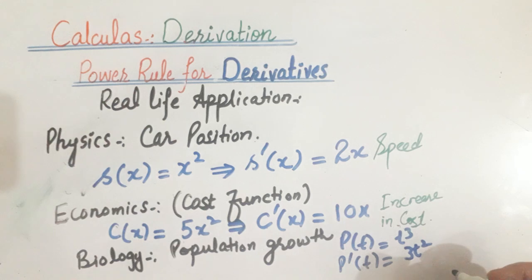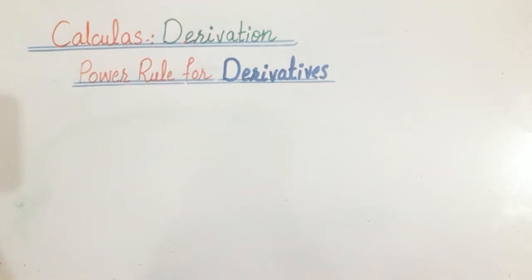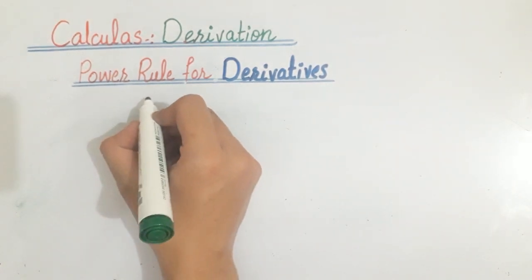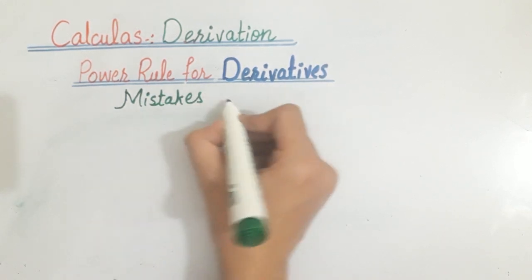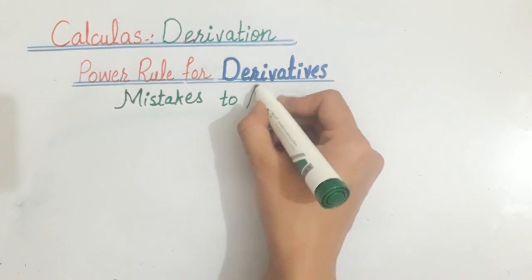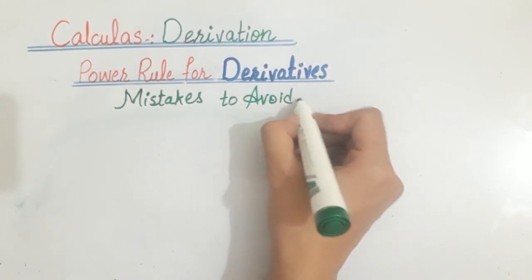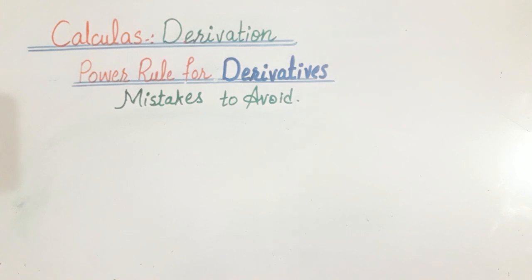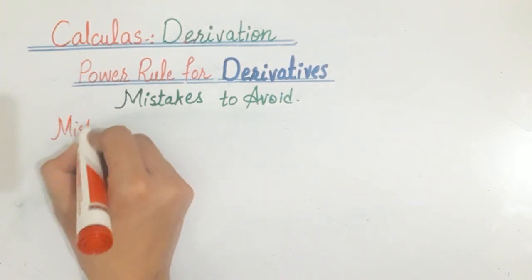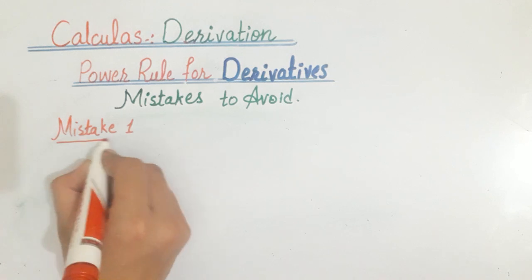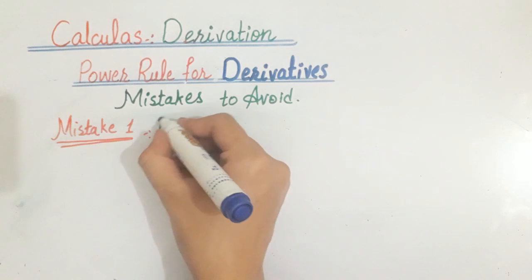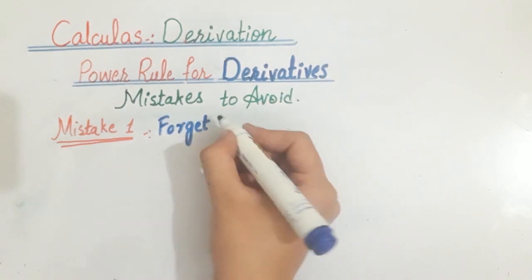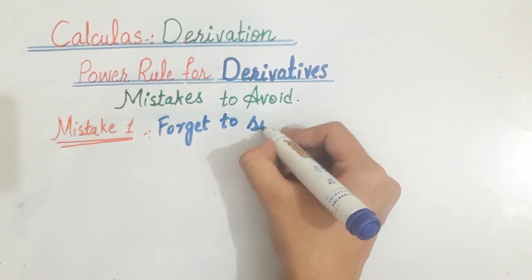Now I will tell you some common mistakes that you have to avoid. Mostly students make mistakes in derivation. Mistake 1, note this: forgetting to subtract 1.